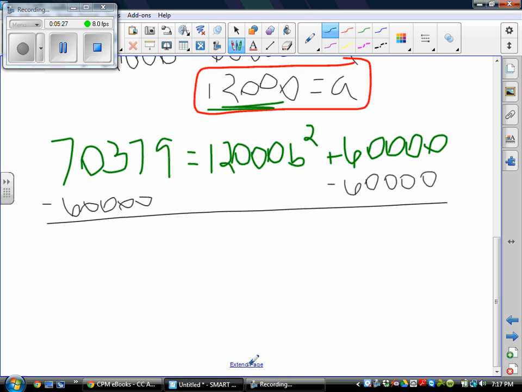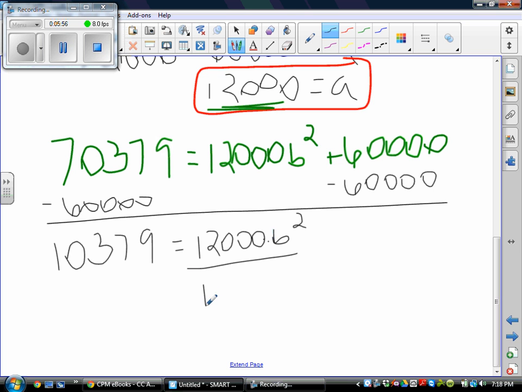So what we have left is 10,379 equals 12,000 times b squared. Okay. To get rid of this 12,000, this is really multiplication, right? So we're going to do the opposite of multiplying. To get the b squared by itself, divide by 12,000 on both sides.